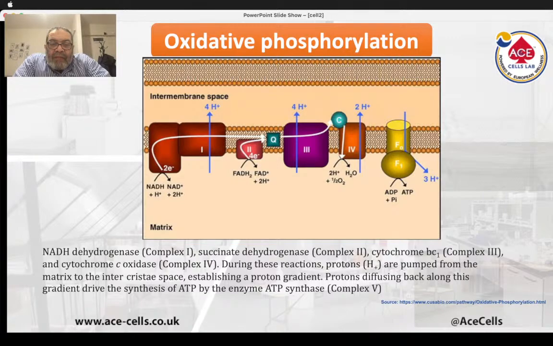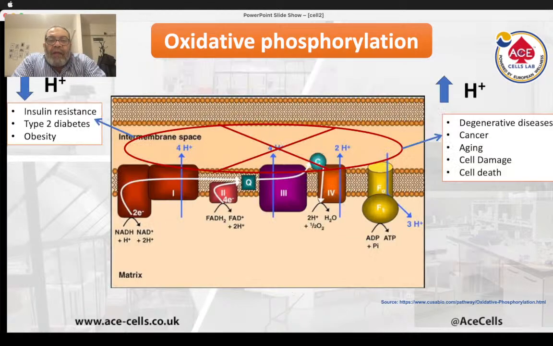More than 20 enzymes participate in this process, leading to release of the ATP. As we see here, any imbalance in this oxidative phosphorylation, either by increase or decrease, means the hydrogen ions are more or less.